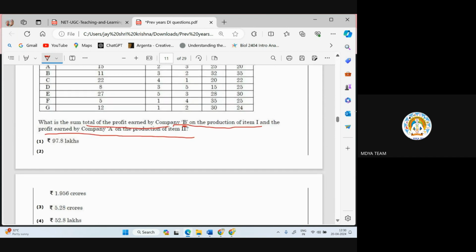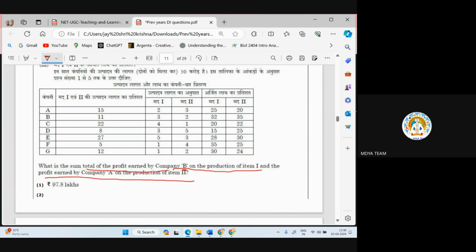So first you need to calculate the profit earned by company B on production of item 1. First we will calculate the cost price of item 1, and then the percentage on item 1, then we can calculate the profit. Then the profit earned by company A on item 2.